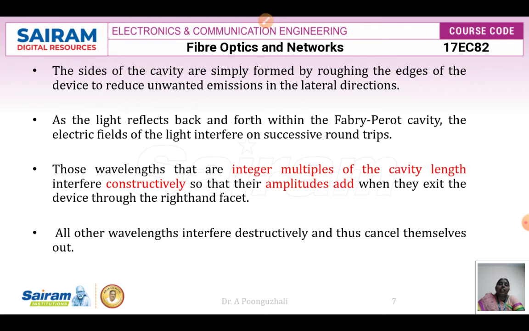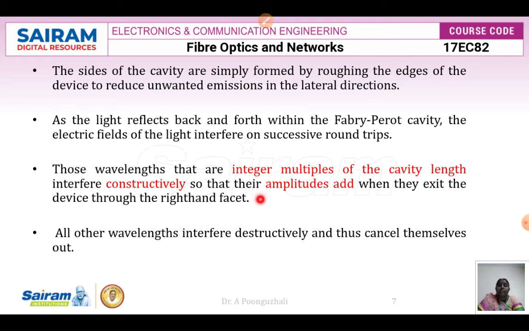That is, when light flows through the Fabry-Perot cavity, a portion of the light will be transmitted and the remaining light will be reflected back. When these wavelengths are reflected back, if they are integer multiples of the cavity wavelength, those wavelengths will have the same phase and will interfere constructively.